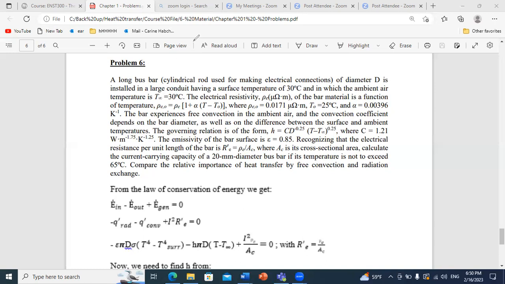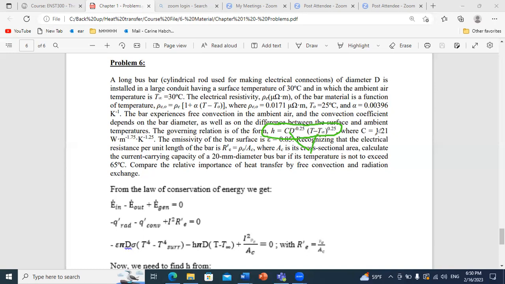As we discussed in general, the convective coefficient h depends on the situation and will be a function of the fluid. Here, because we are using air, we are doing an experiment and trying to correlate h with the geometry, so with the diameter, and with the difference in temperature between the bar and the surrounding.